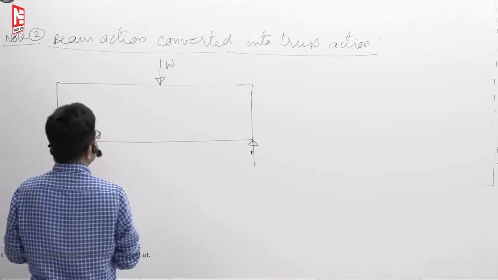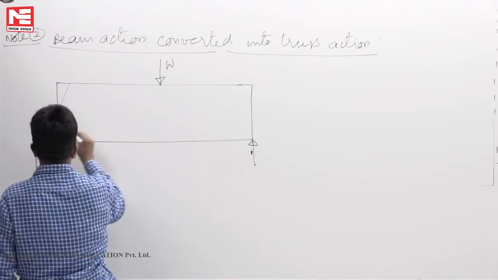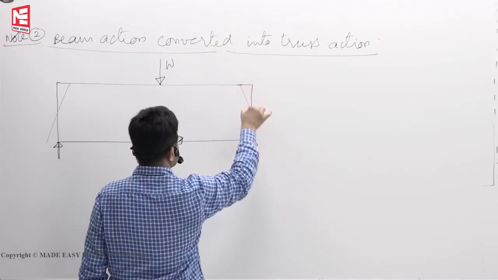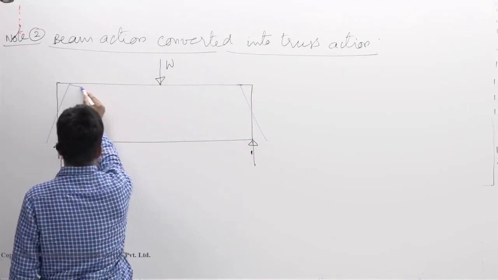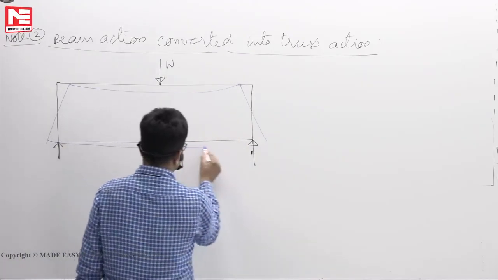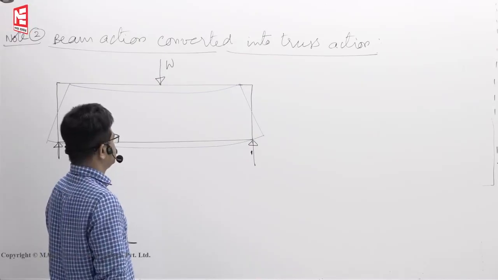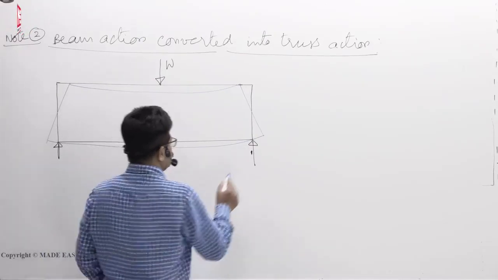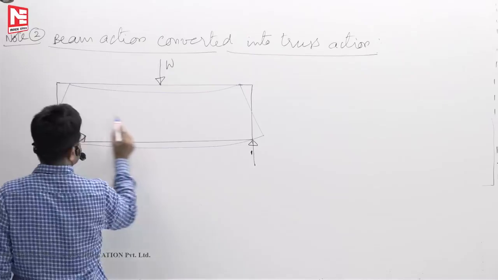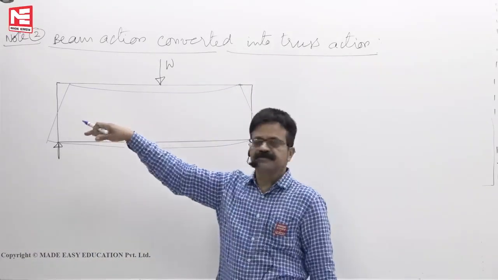Due to this load, the deflected shape of the beam is something like this. This is what you have learned in strength of materials. As you have studied in SM, the bending stress at the neutral axis level is 0.